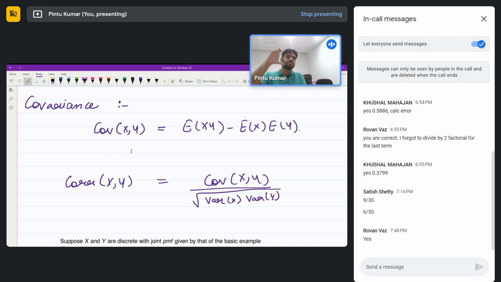When you have your feature vectors, you need to calculate covariance and correlation to check whether some features are redundant, so you can remove that feature and then train your model. Covariance of x and y is given by expectation of xy minus expectation of x into expectation of y, and correlation is, I won't call it normalized, but it is divided by the square root of variance of x into variance of y.